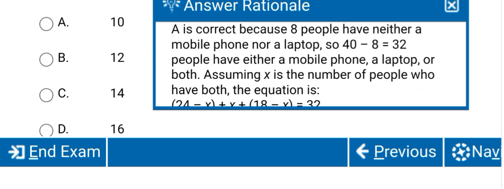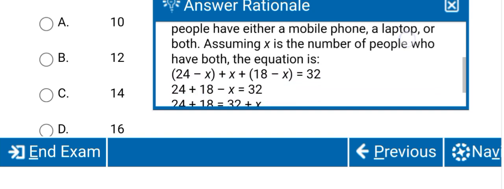It is correct because 8 people have neither a mobile phone nor a laptop, so 40 minus 8 equals 32 people have either a mobile phone, a laptop or both.